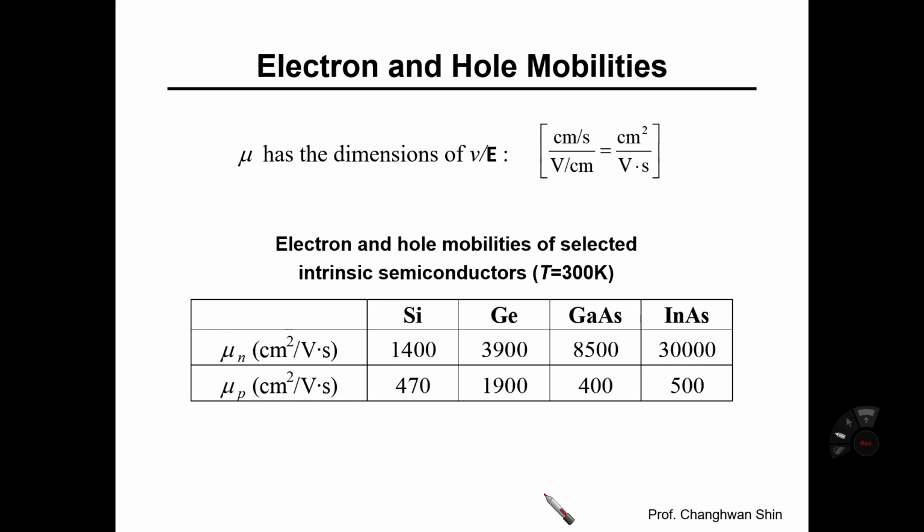What about germanium? Electron mobility in germanium is approximately 4,000, which is 3 times higher than the electron mobility in silicon. What about gallium arsenide? 8,500, almost 5 times higher than the electron mobility in silicon.